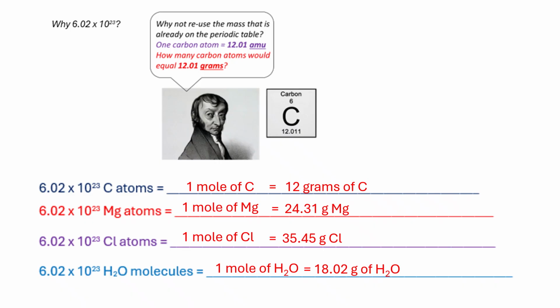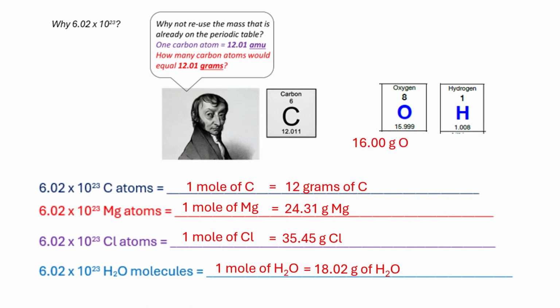grams. Now, water, of course, is not on the periodic table because it's a compound, right? So to get this 18.02 number, you actually have to look at oxygen, which has a mass of 15.999, or basically 16, right? And then you also have to look at hydrogen, and each hydrogen has a mass of 1.008, or 1.01 if you round to the nearest hundredth.